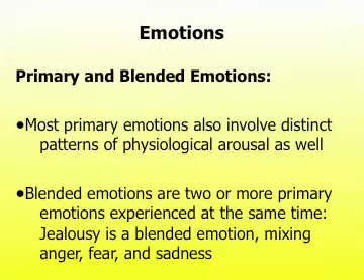Primary emotions involve distinct patterns of physiological arousal. Each of those 6 types of primary emotion has along with it a distinct bodily or physiological reaction. What's interesting about that is that it's hard to determine which comes first.